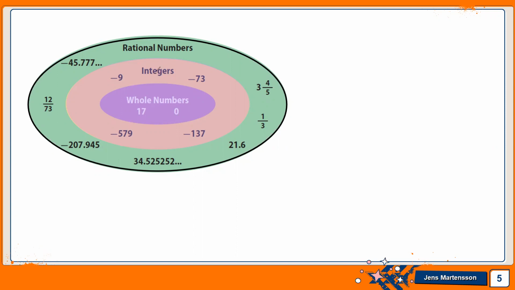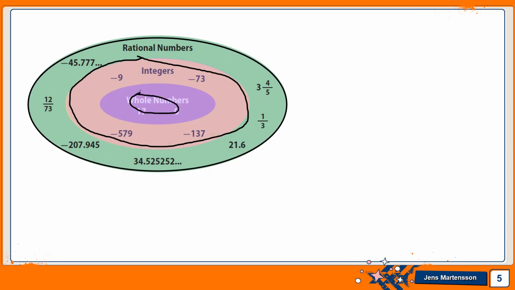The integers are the bigger circle that contains the negative numbers and the whole numbers. And the rational numbers contain the fractions, the decimals, the negative, and the positive.